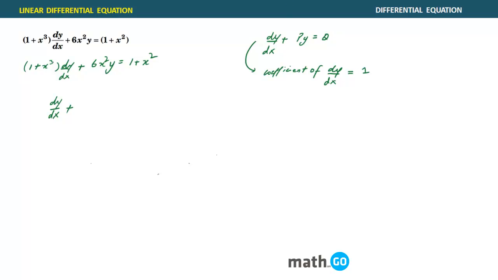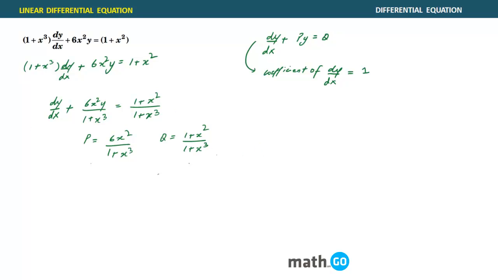For the format part, let's divide by the coefficient of dy by dx. Now can you see what is the value of p here? p is 6x square upon 1 plus x cube, and q is 1 plus x square upon 1 plus x cube.